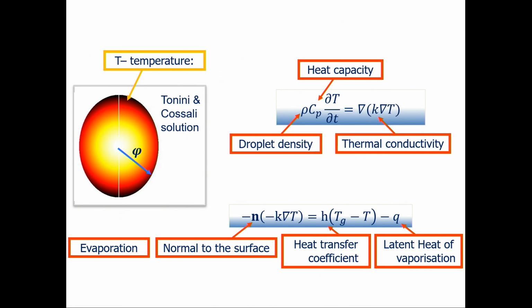This equation was solved subject to conventional boundary conditions, and the value of H was taken from the model developed by Tonini and Casale, and the reduction of the movement of the surface of the droplet was also inferred from that model.